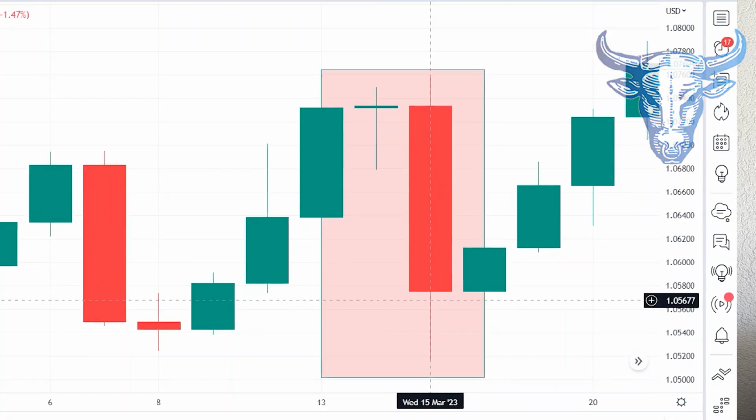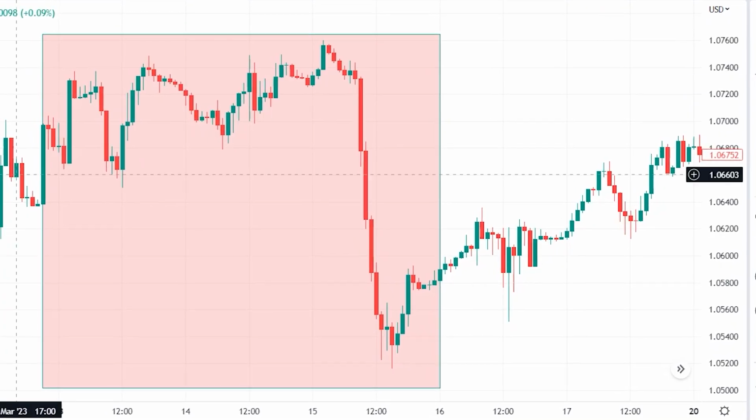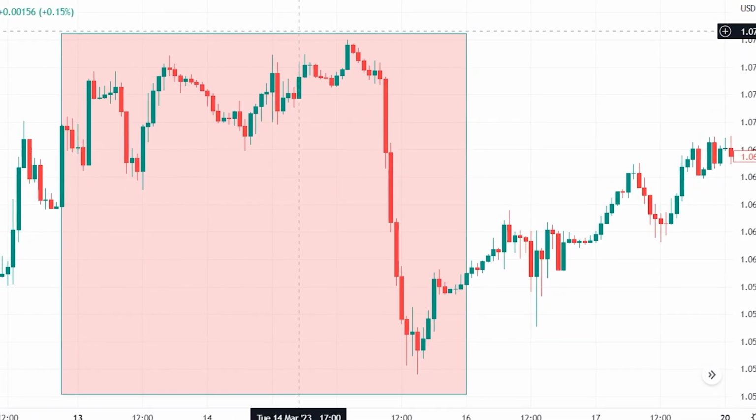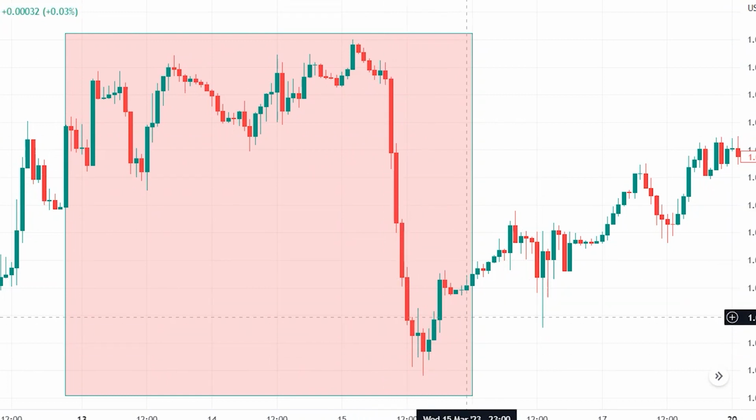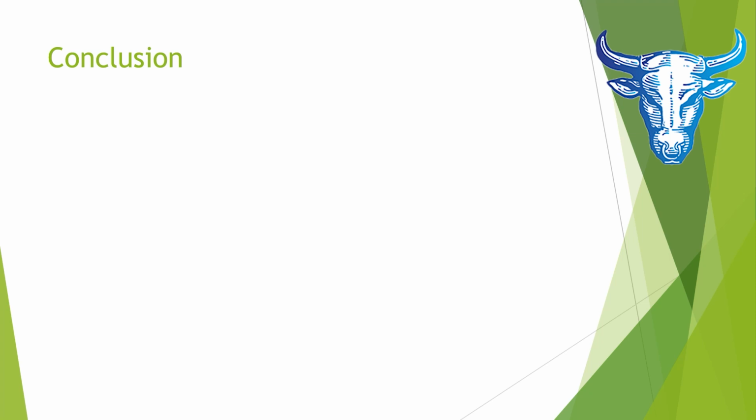As we talked before, our candles of March 13 and 15, if we change the time frame from 1 day to 1 hour, we can see all candles that went up and down, but all indicate the same price movement of the day. So there you have it, an overview of currency pair and candlestick charts.